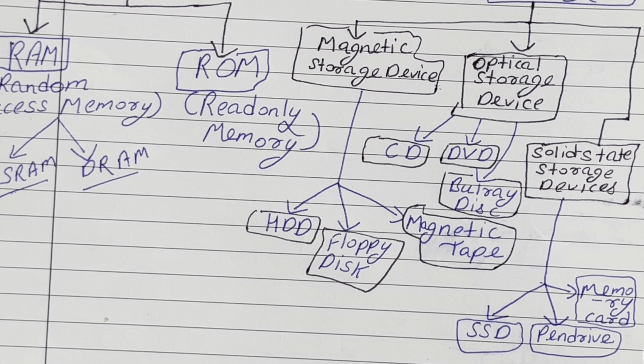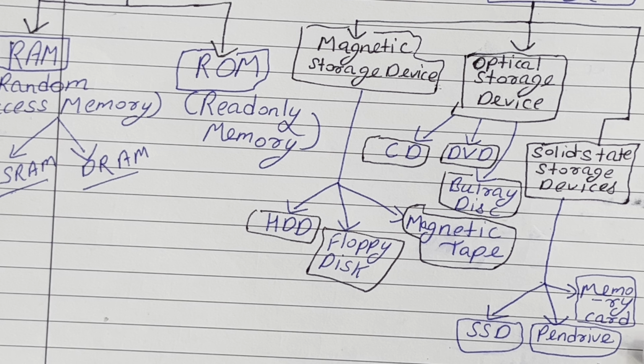Now next is pen drive, which we also know as USB. A USB flash drive is a portable secondary storage device which uses flash memory chips to store digital data electronically, and it connects to a computer or any other device through a Universal Serial Bus, which stands for USB port.